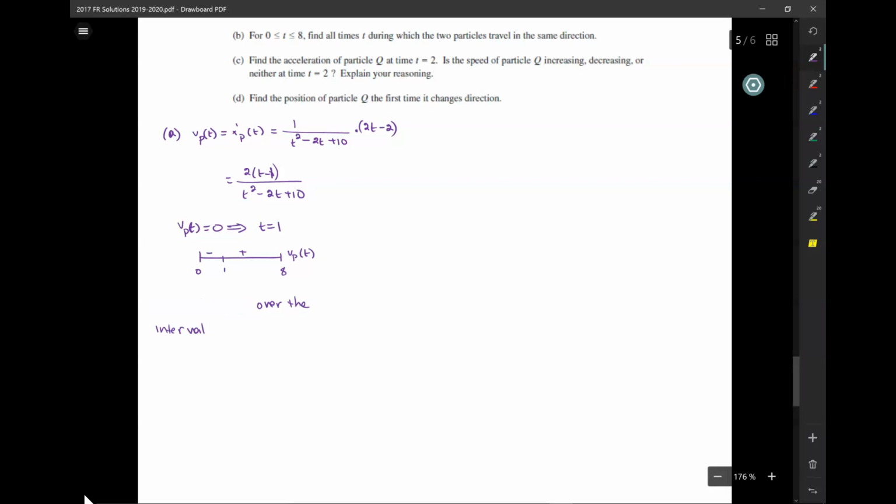This is particle P. P is moving to the left over the interval 0 to 1, since Vp of t is less than 0 on that interval.